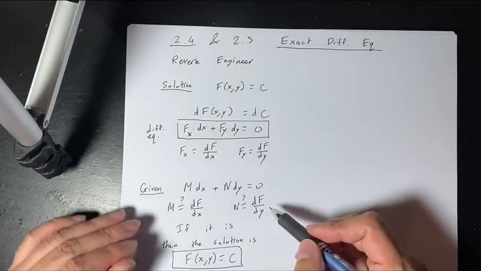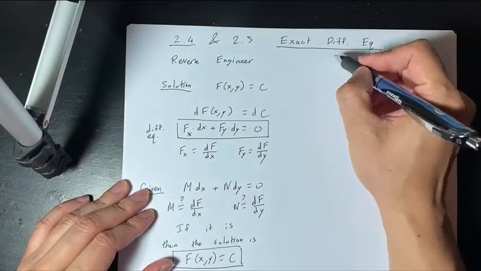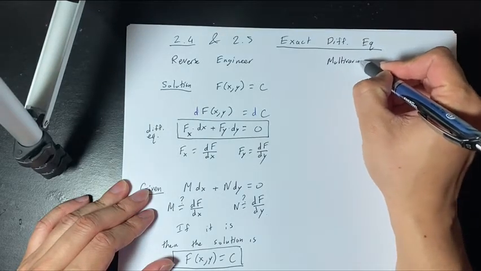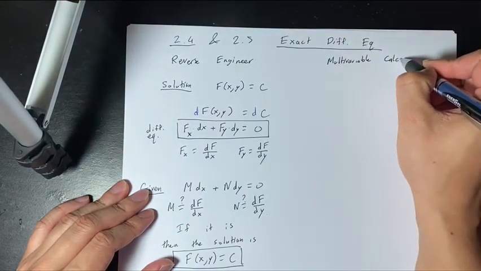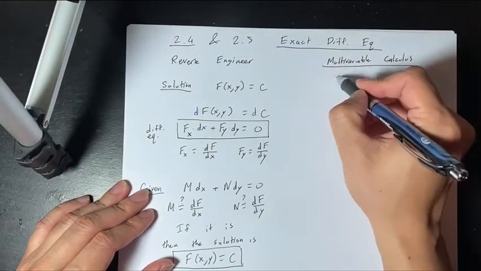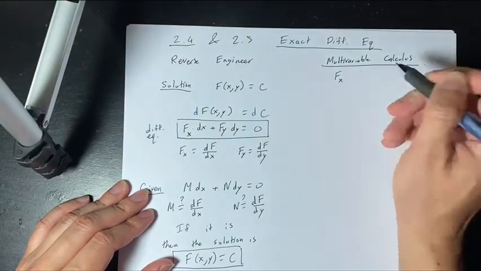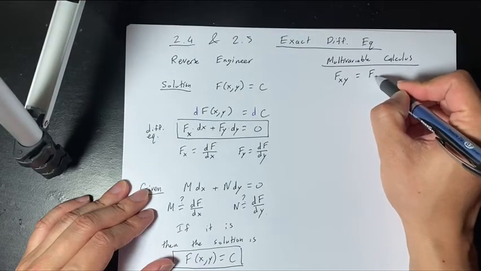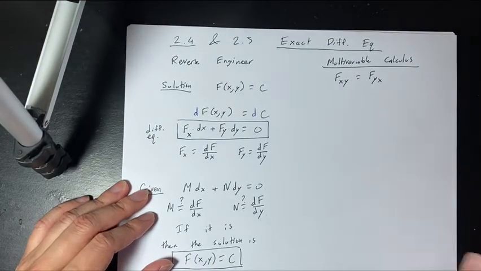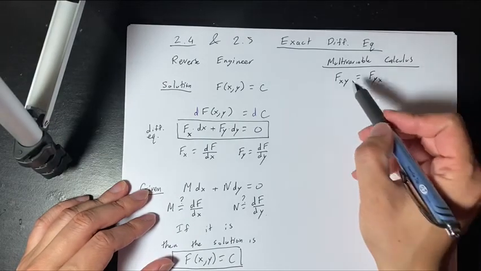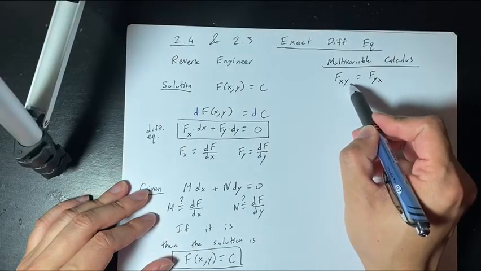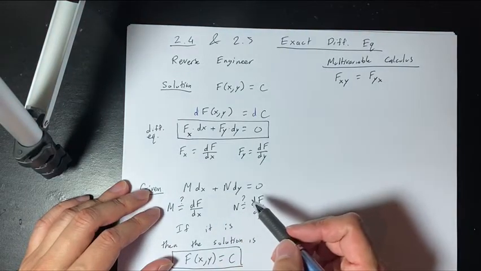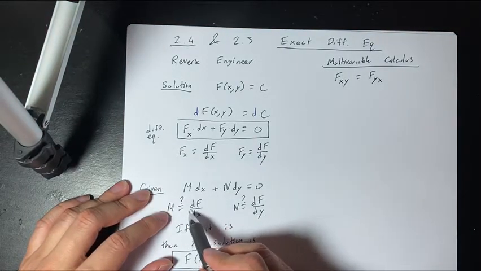Okay, well, how do I check? Well, from multivariable, if I differentiate x first and then y, it is equal to differentiating y first and then x. So the order does not matter. And if I can somehow check that indeed f sub xy is equal to f sub yx, then that means that this is true.